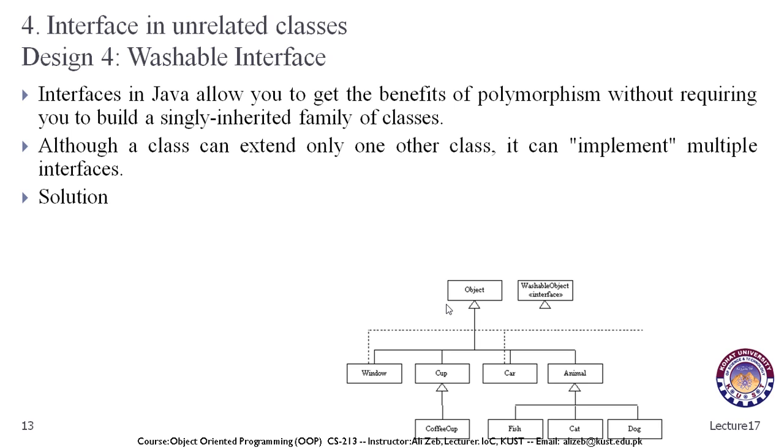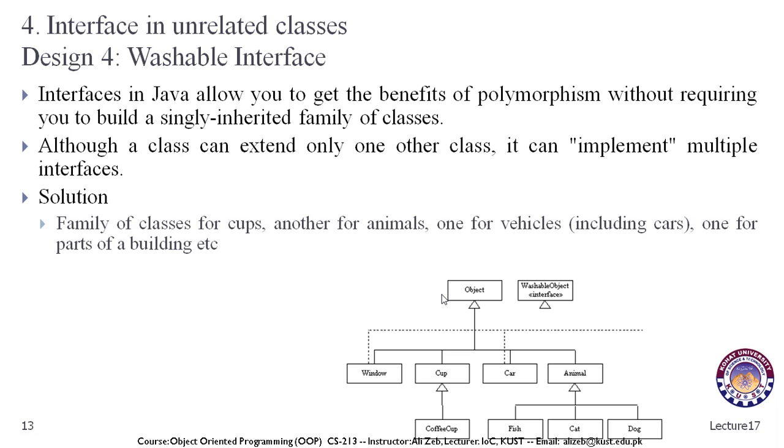A possible solution can be that we have the Object class, which is a superclass of any class in Java. We have a washable object interface. Now this interface can be implemented by all of these classes, and as you can see, we do not need to have a combined superclass, although the Object class is a superclass for all of our classes implicitly.